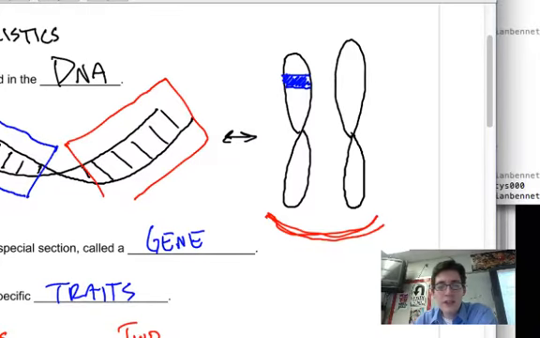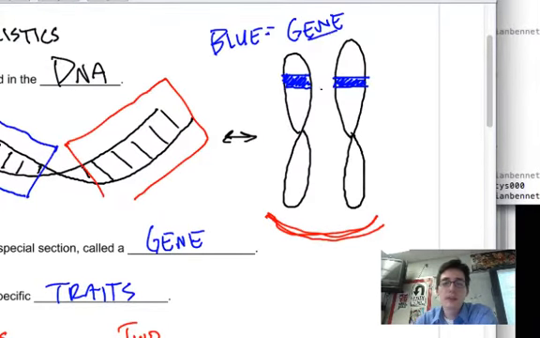So the one on the left is going to be one allele, and this one on the right is going to be a second allele. Okay, so the blue equals the gene. Okay, this one is an allele. It is one of the 2 genes, and this one is also an allele.